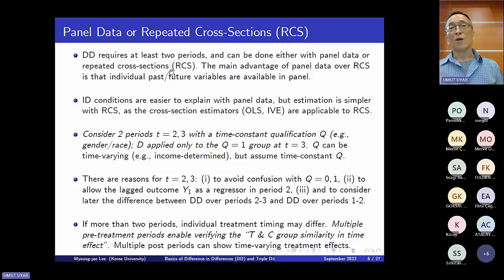So although panel data and RCS both have many waves, in RCS, new people enter a new wave. Of course, panel data has the advantage that it shows individual past and futures, whereas in RCS, each individual appears only in one wave, so you don't have any past or future information.